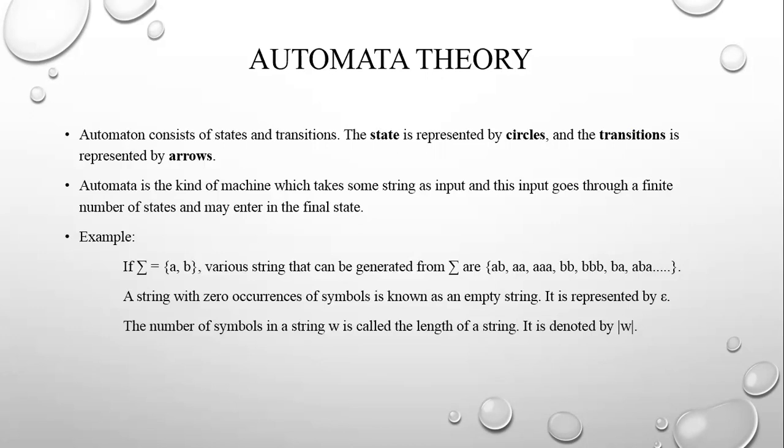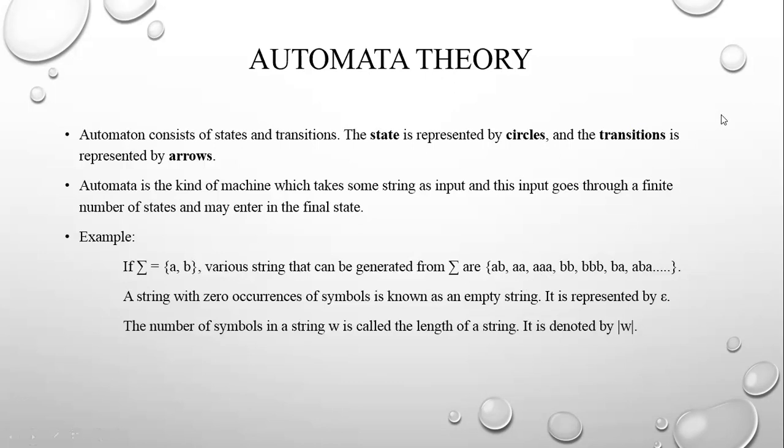Let us take an example with sigma having two input alphabets, a comma b. Using these input alphabets we can generate different types of strings, such as ab, aa, aaa, abb, like that.